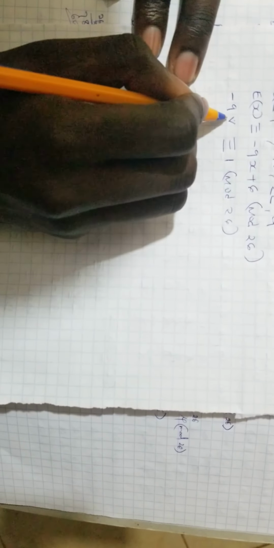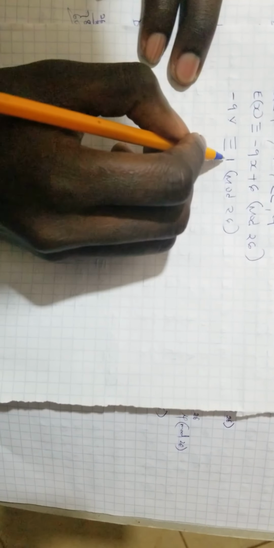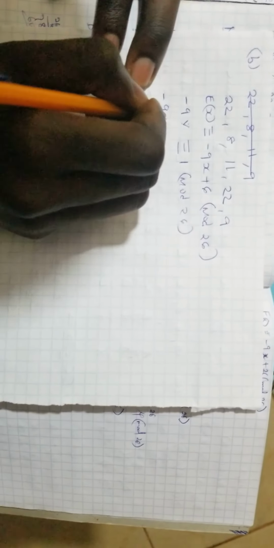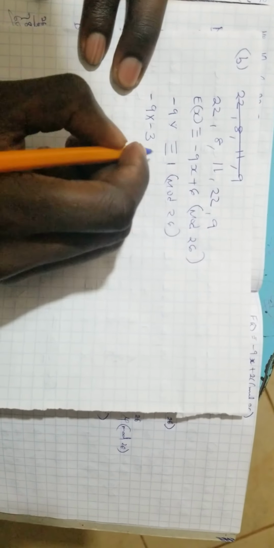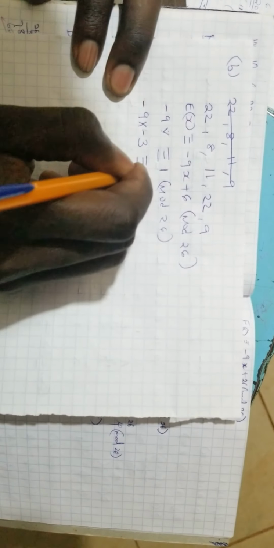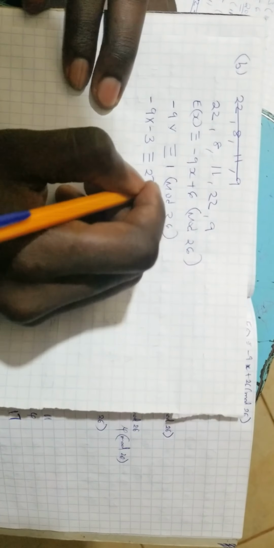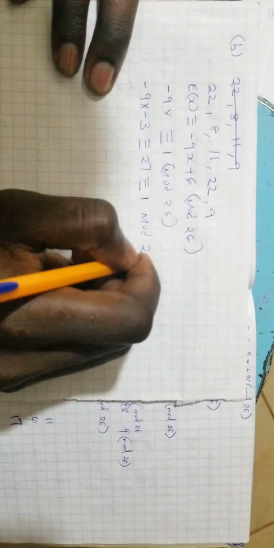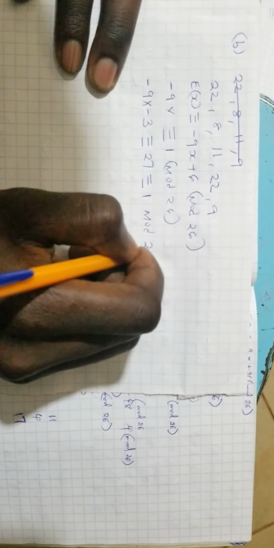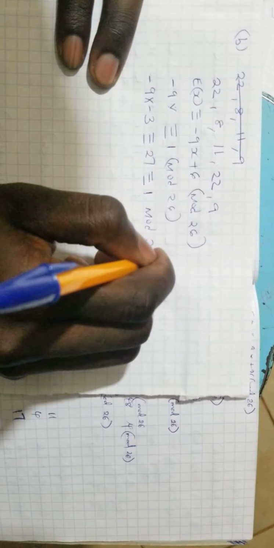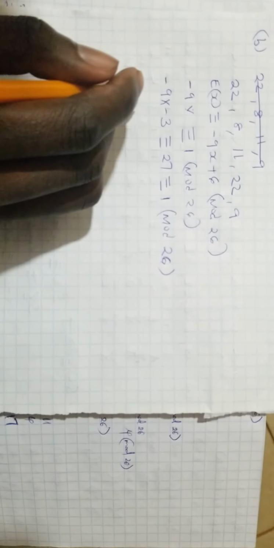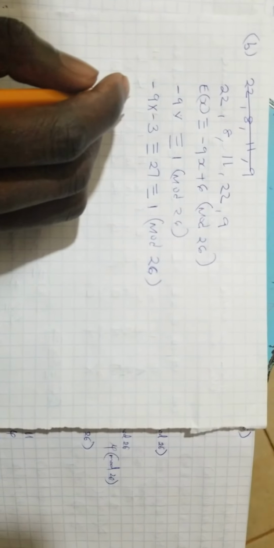So we look for the value of v that gives us the residue of 1. It is negative 9 times negative 3, which is 27, congruent to 1 mod 26. So you find the value of v, which is negative 3.